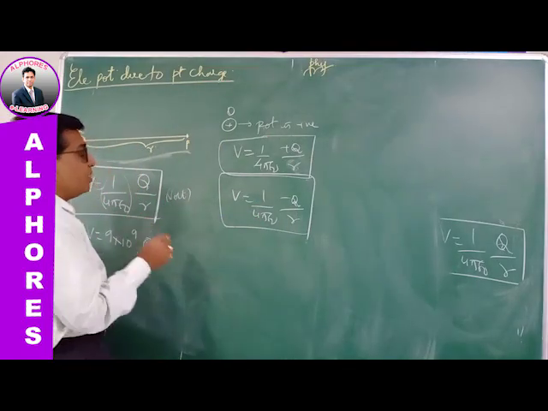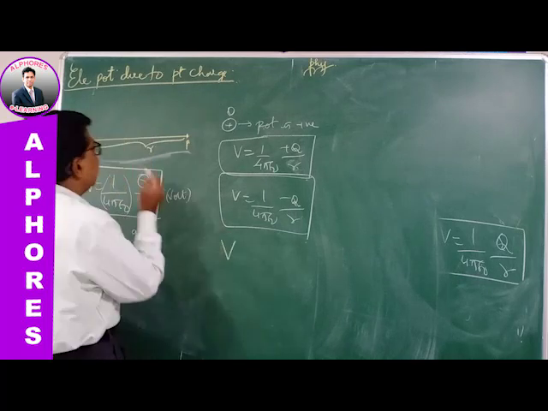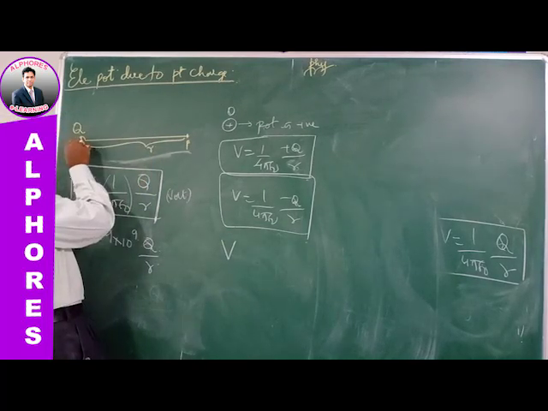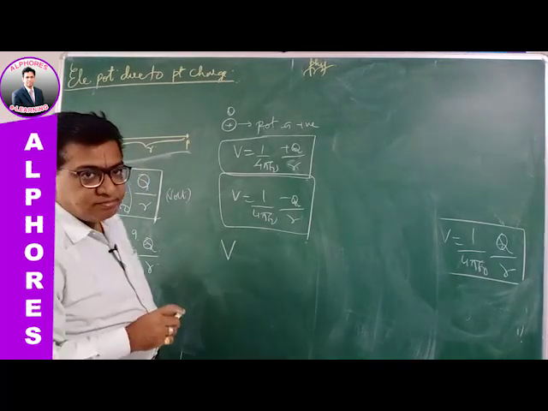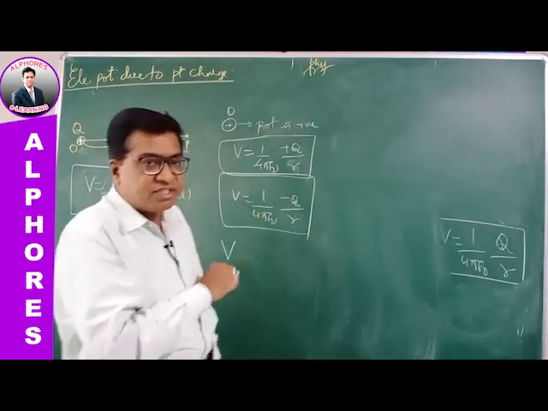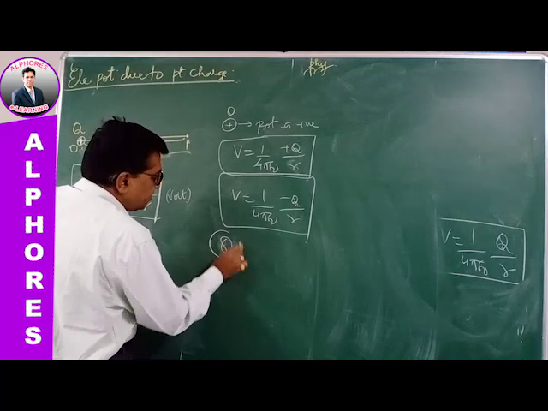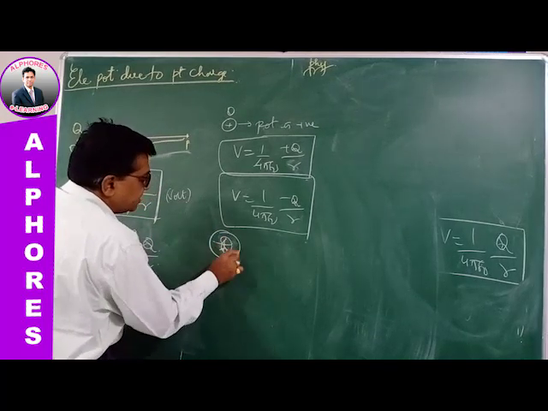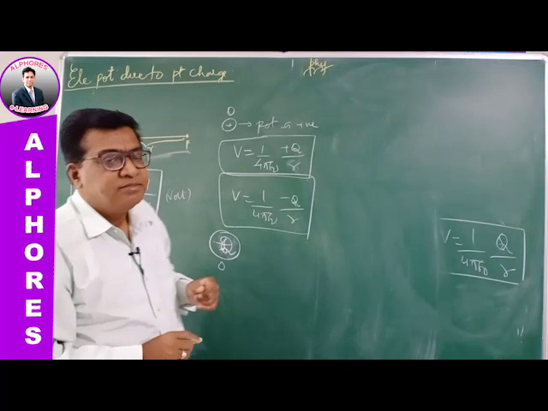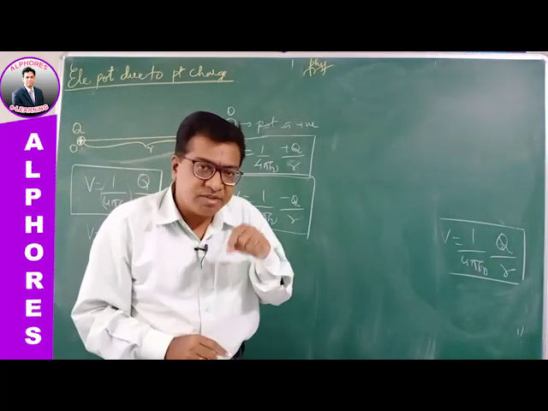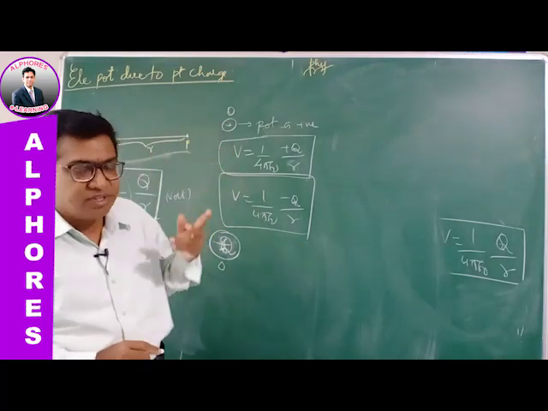Now, how about the potential at the point where the charge is located? Suppose a charge is located at a point O. What is the potential at O? The potential at the location of the point charge is not defined. You cannot define it.